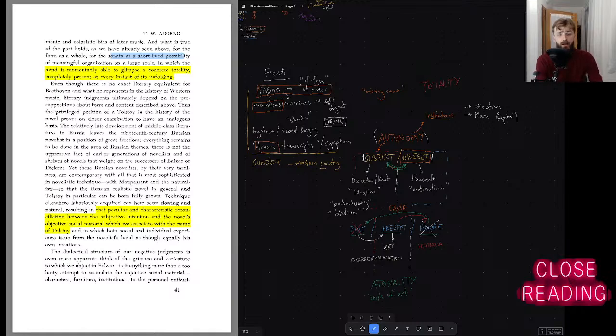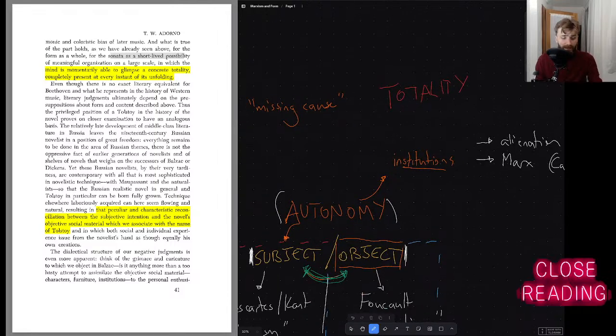So this word totality is often misunderstood in Hegel and Marx in particular, because it doesn't mean a system that is totalizing in the sense of we can't get out of it, right? Some have critiqued Marx's system of capital as a totality, and they say the problem with Marx calling capital a totality is that if it is a totality, there is nothing outside of it. And so we are doomed to always exist within capital if we understand totality in this way.